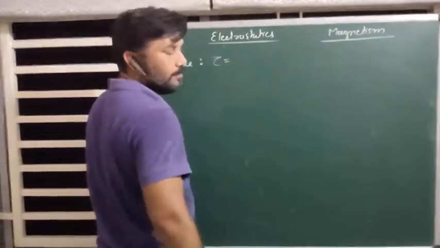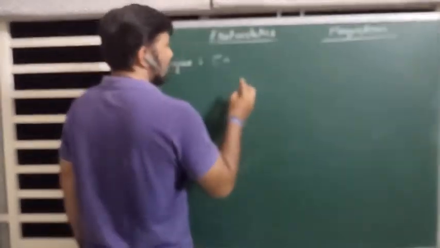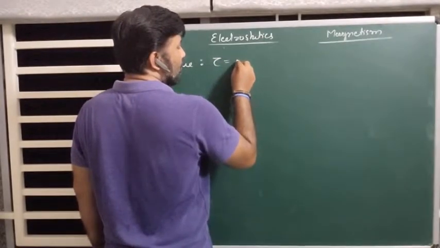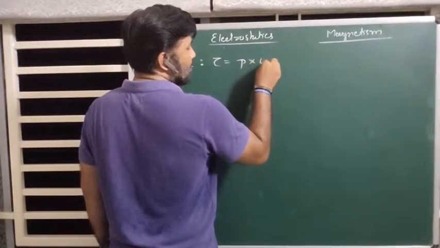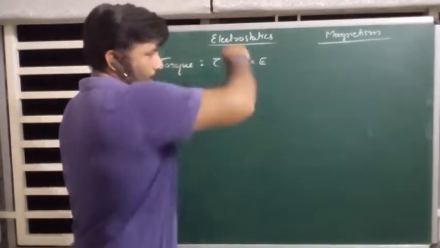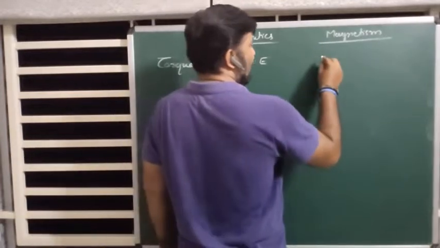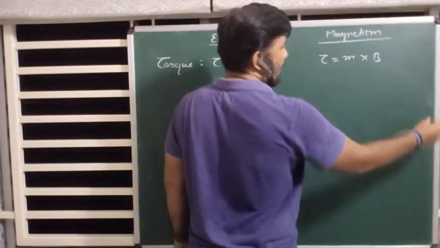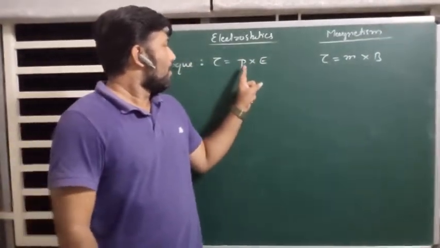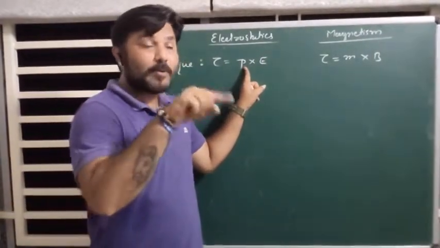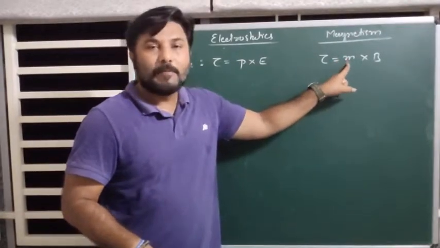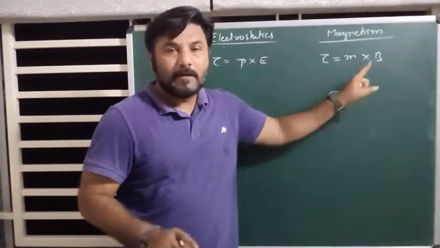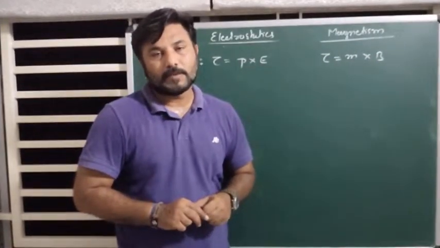Tau is equal to, remember, what is tau? Tau is equal to p cross E. And in magnetism, we have seen tau is equal to M cross B. Just see: p electric dipole moment, M magnetic dipole moment, E electric field, B magnetic field. Got it?